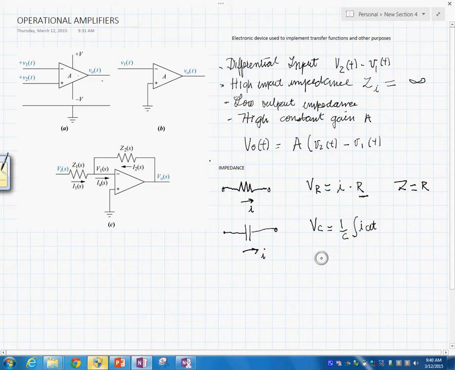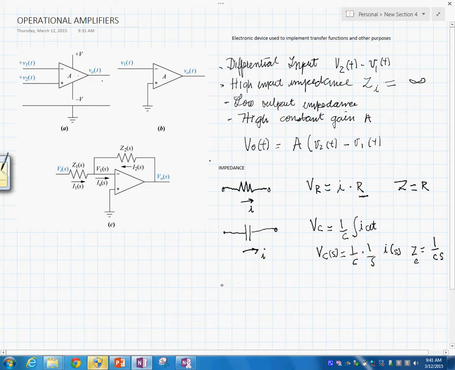But in the Laplace domain, V_C of s is 1 over C times 1 over s times I of s. So for this particular example, the impedance Z of the capacitor is going to be 1 over CS.